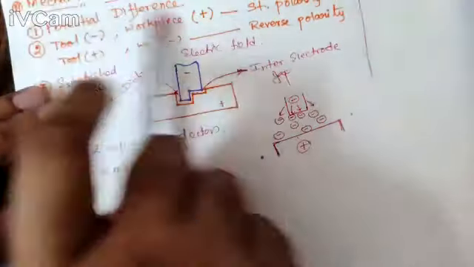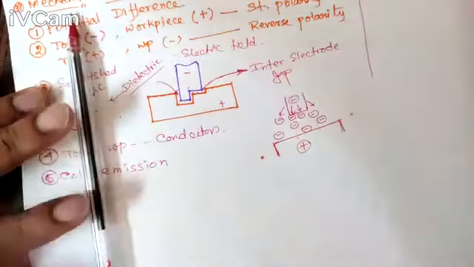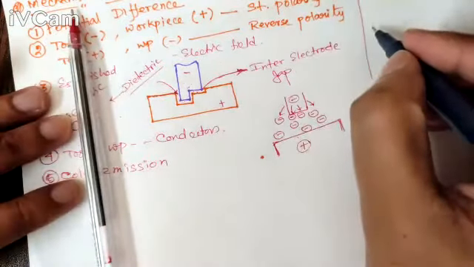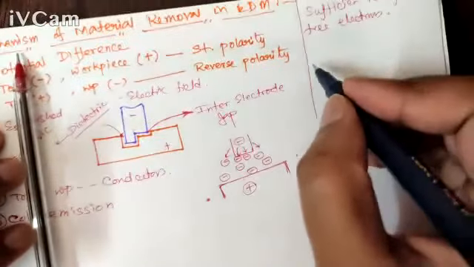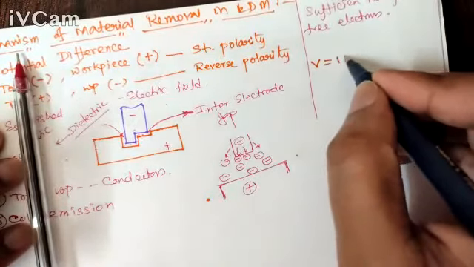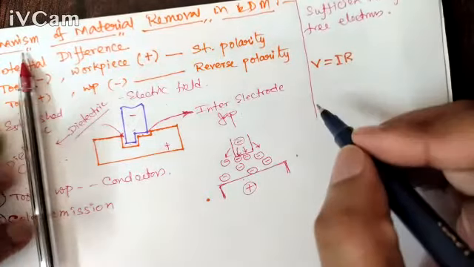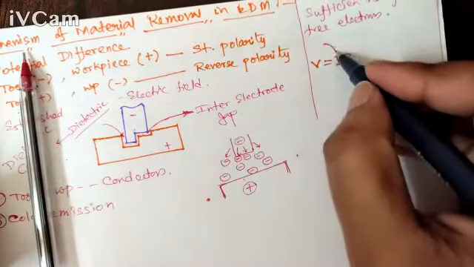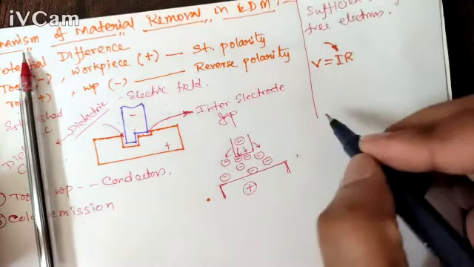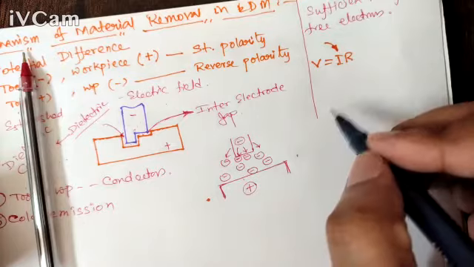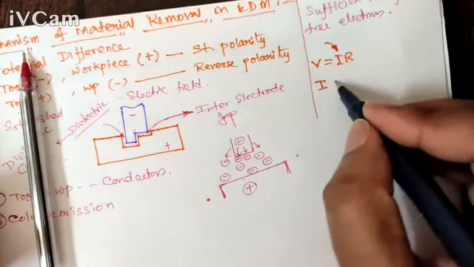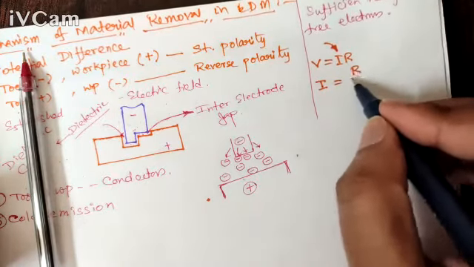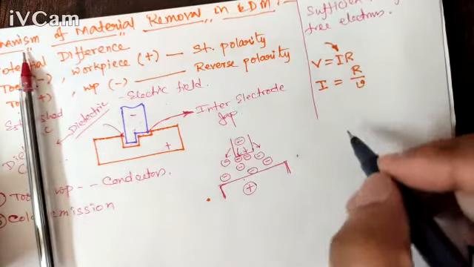Okay. You know the equation V is equal to IR. Conductivity means it should flow a sufficient amount of current. So I will be equal to V by R. Any doubt in this?